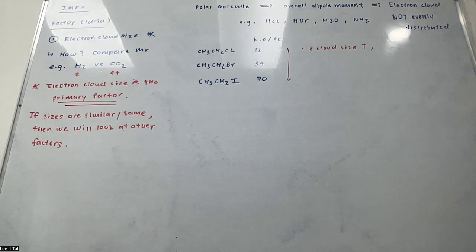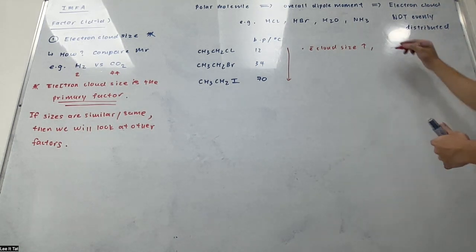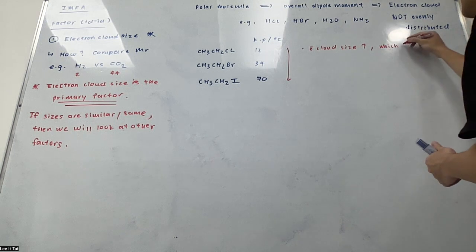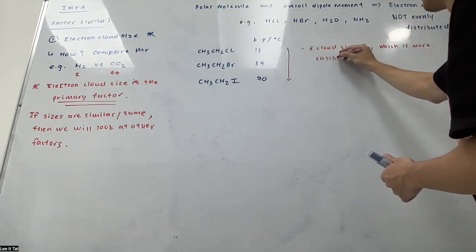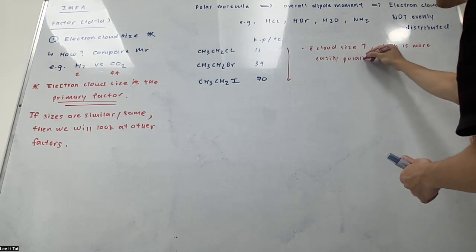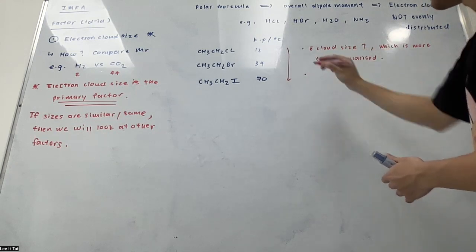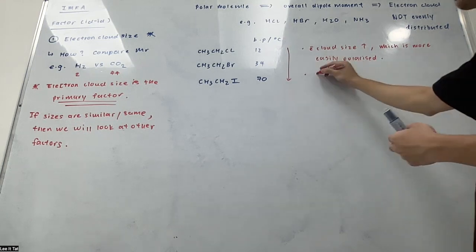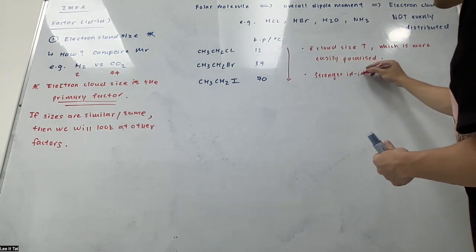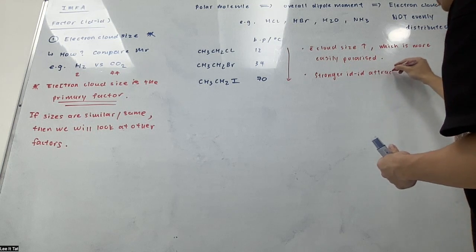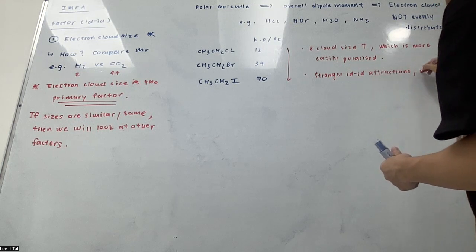A larger electron cloud is more easily polarized. If you're more easily polarized, that means your ID attractions are stronger. When you have stronger ID attractions, it means more energy to overcome.